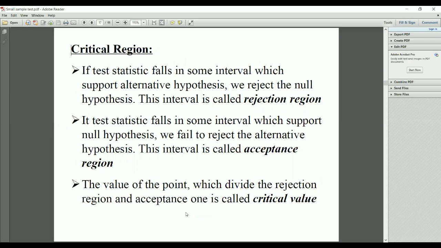Now, critical region. If the test statistic falls in some interval which supports the alternative hypothesis, we reject the null hypothesis. This interval is called the rejection region. If the test statistic falls in some interval which supports the null hypothesis, and we fail to reject it, that is the acceptance region. The value of the point which divides the rejection region and the acceptance region is called the critical value.